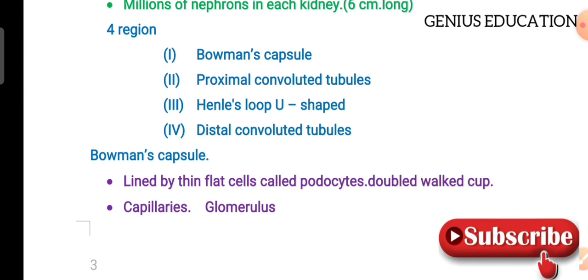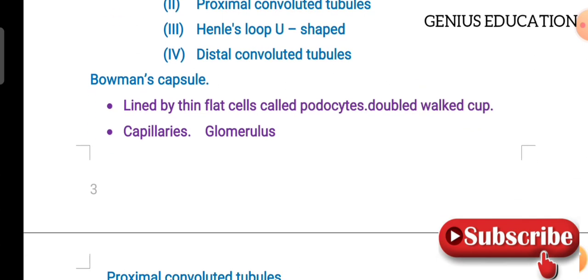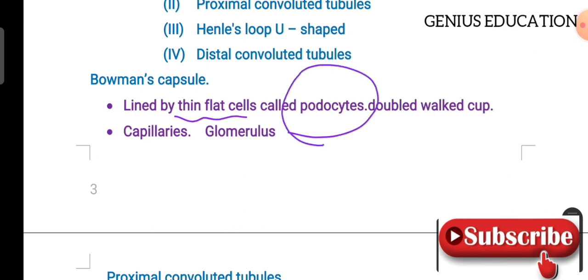I have written here the different parts of the nephron: Bowman capsule, proximal convoluted tubule, Henle's loop that is U-shaped, and distal convoluted tubule. The Bowman capsule is a thin layer made by cells called podocytes, which is a double-walled, cuff-like structure.